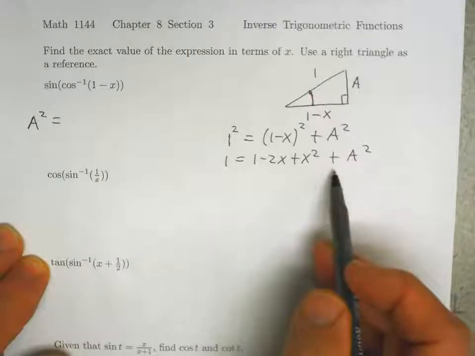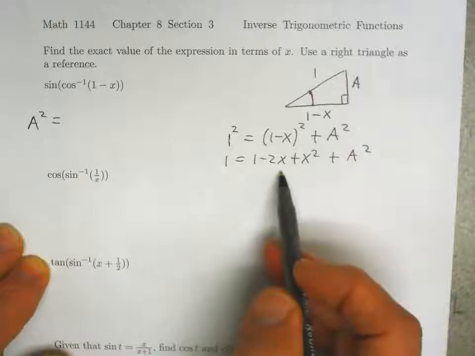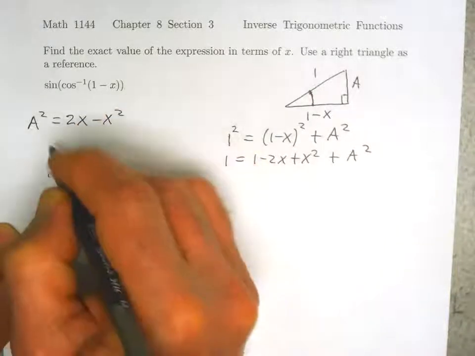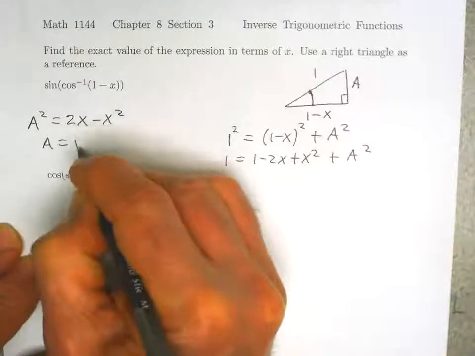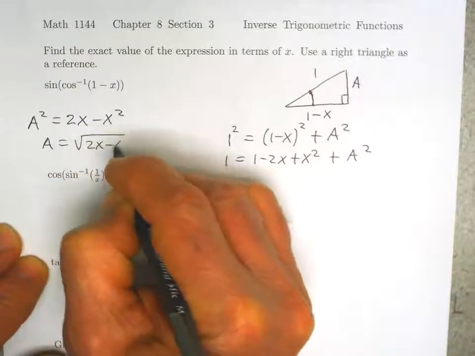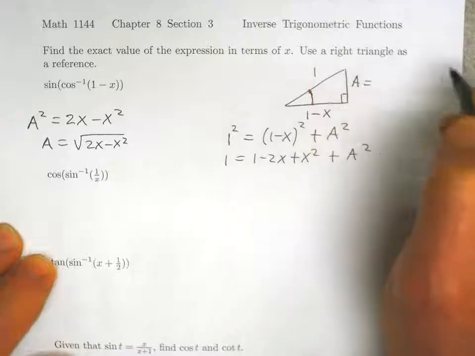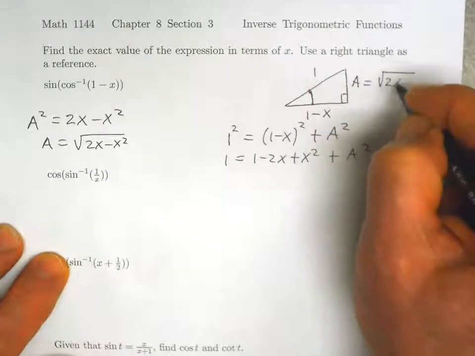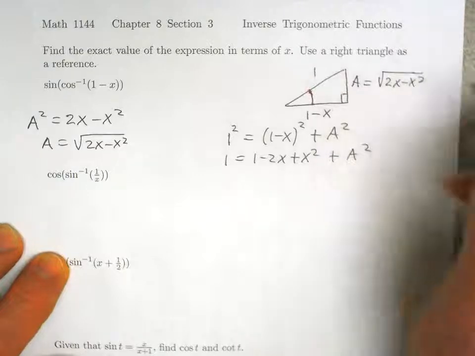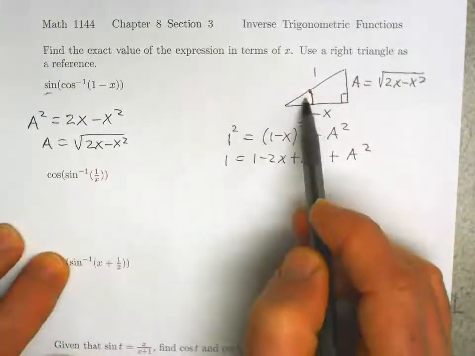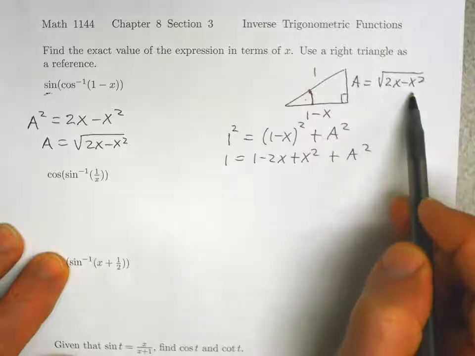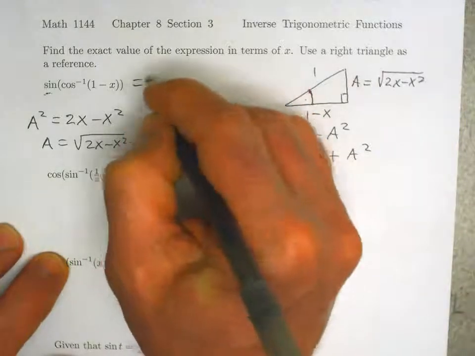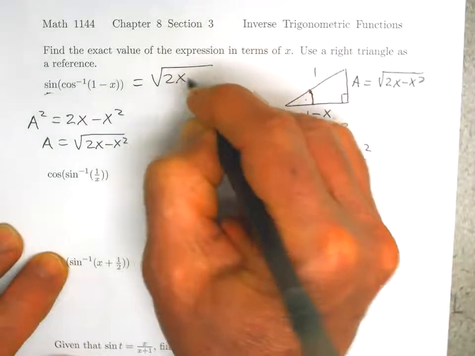So when we do the algebra and arithmetic, we're just going to be left with 2x minus x squared. And so A is the square root of 2x minus x squared. That's the opposite side, square root of 2x minus x squared. And the sine of that angle is the square root of 2x minus x squared over 1, or just the square root of 2x minus x squared.